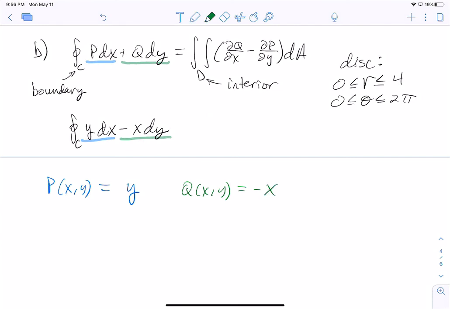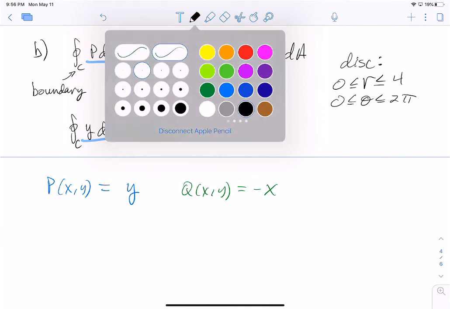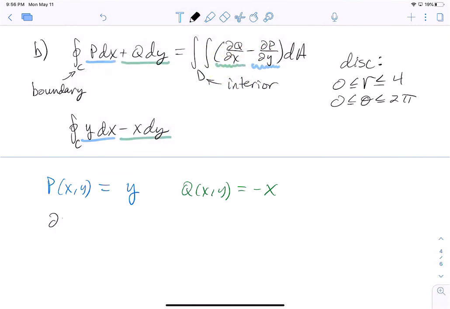To use Green's theorem, what we now need is the partial of Q with respect to x, and then the partial of P with respect to y. Having identified what P and Q are, we can now say the partial of P with respect to y is equal to 1, and the partial of Q with respect to x is equal to negative 1.